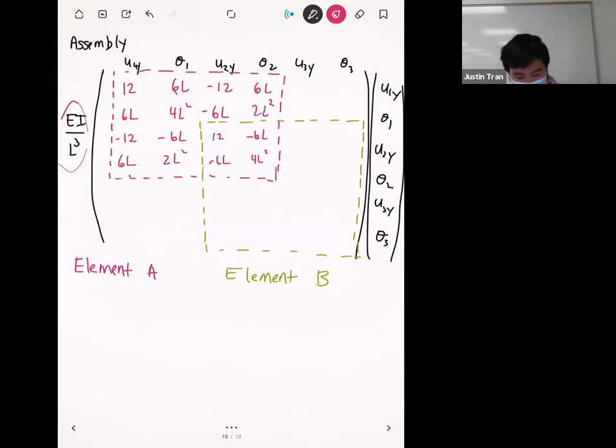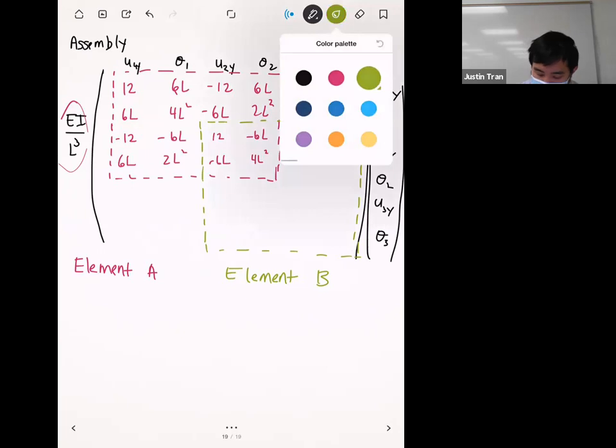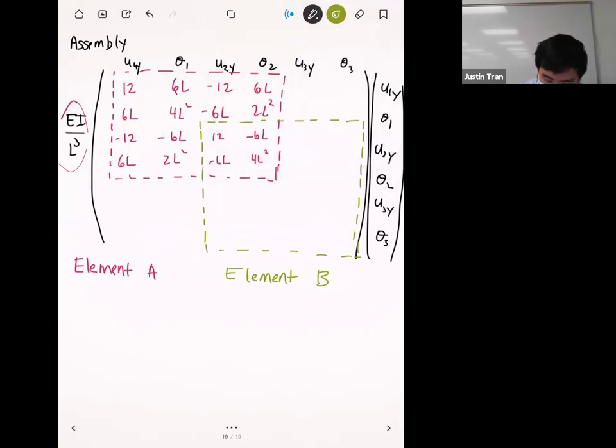Okay. And so those are all the entries from element A. And so we're going to add the entries of element B now.